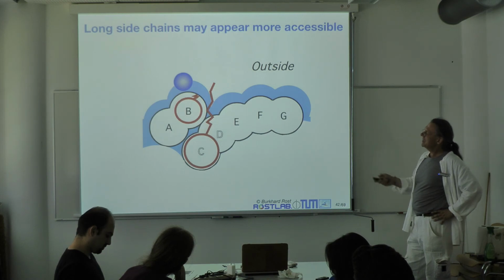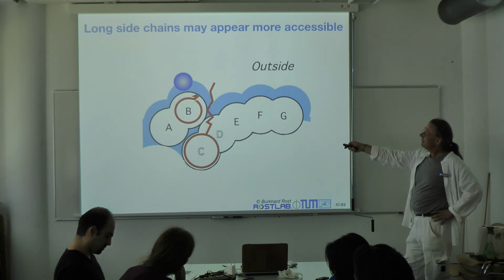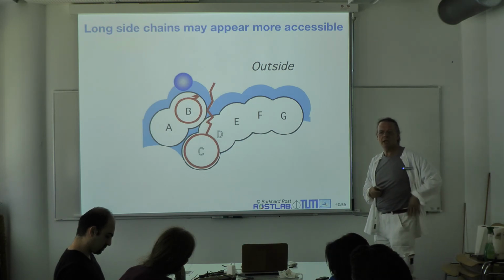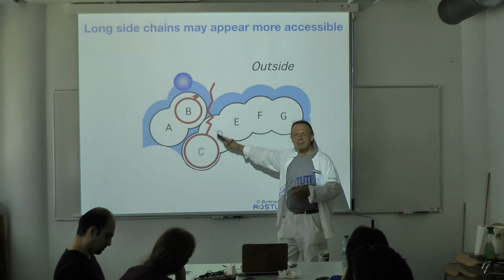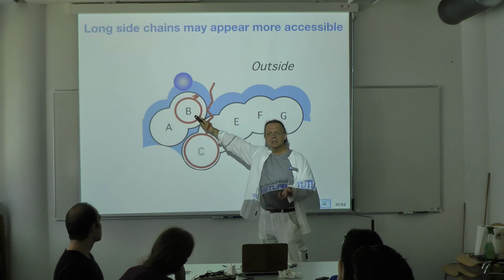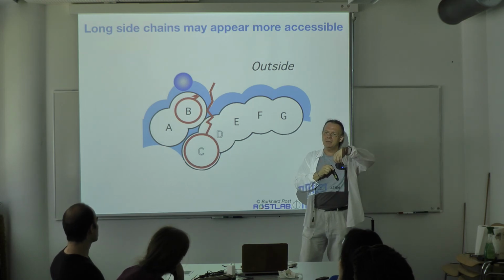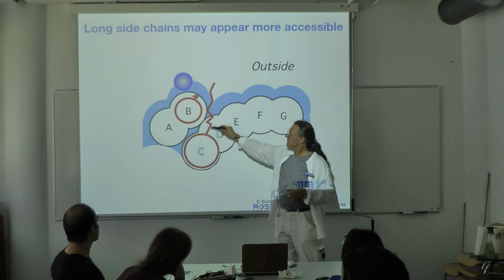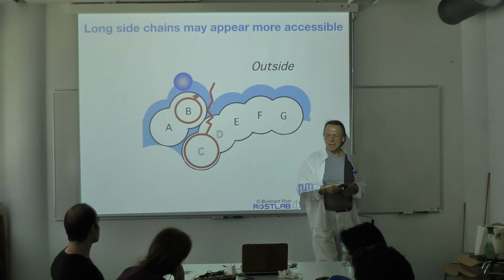And this means that if you look at these square angstrom solvent accessibility, if you had B as a short side chain in alanine and C would be a lysine, the absolute solvent accessibility for C might be higher than for B, although C is sort of more on the inside of the molecule, right? Because simply C has this long side chain pointing out, for instance, lysine.